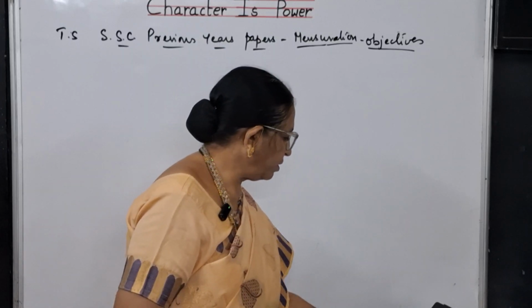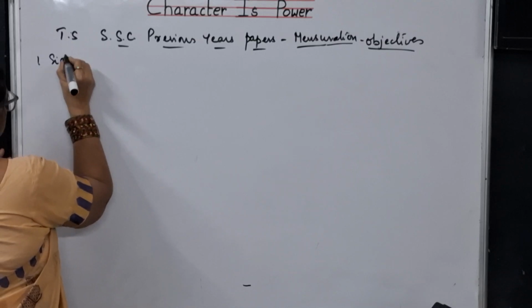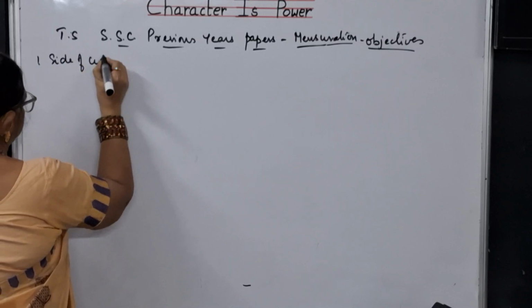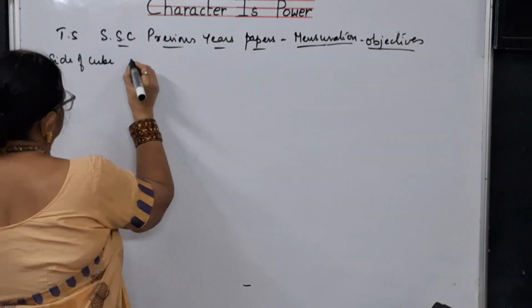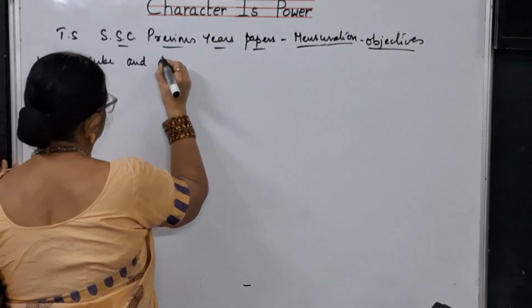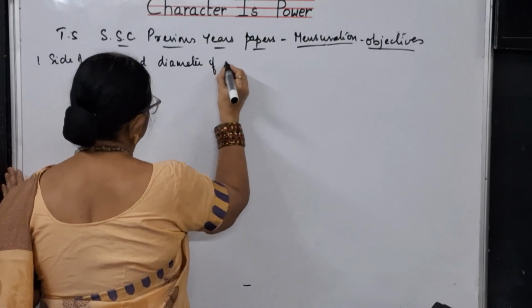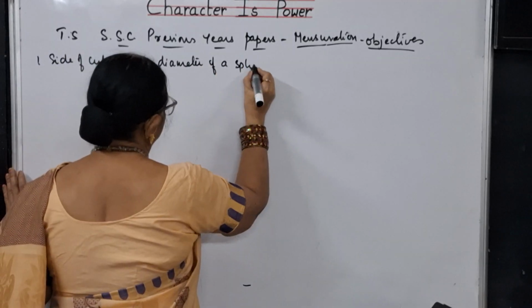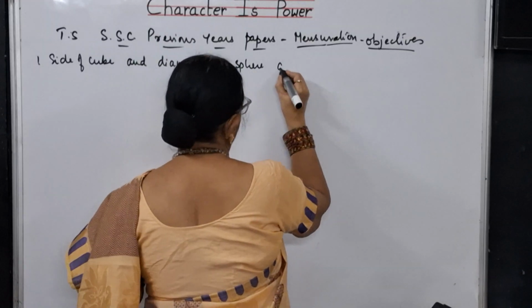The first one is: side of a cube and diameter of a sphere are equal.